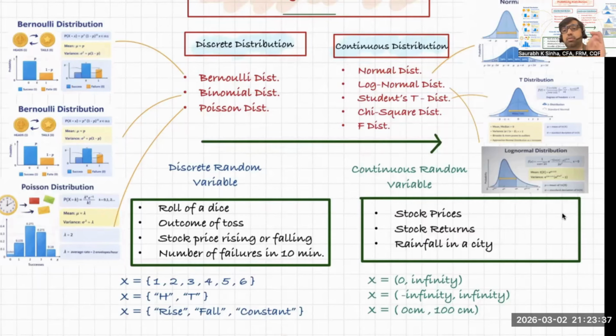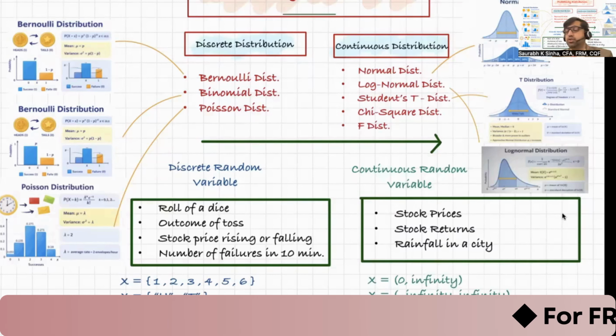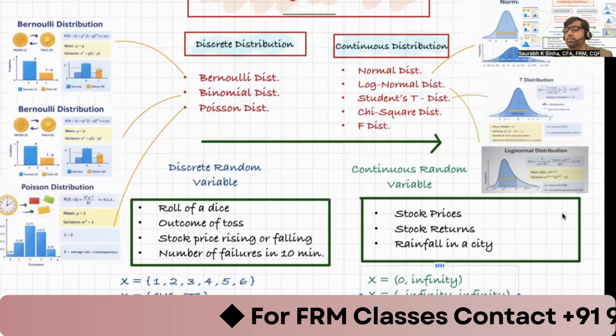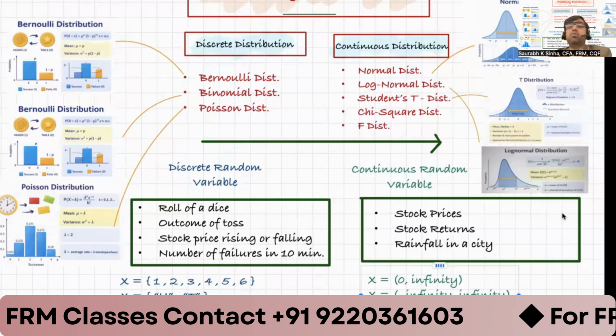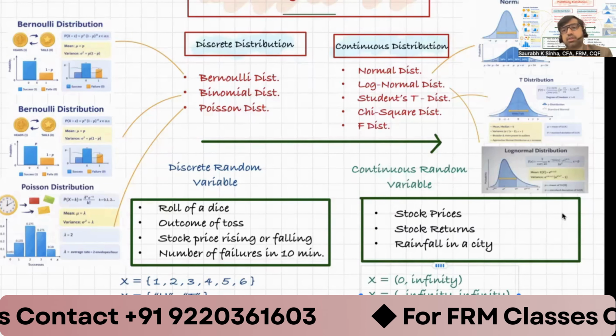Third, the probability mass function of each distribution and the cumulative distribution function. And the last, how to use these distributions for forecasting, prediction and hypothesis testing. So you should be aware of PDF, PMF, CDF, and also when you can use a distribution and when you cannot.